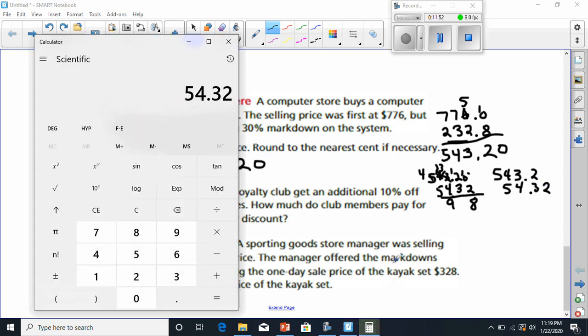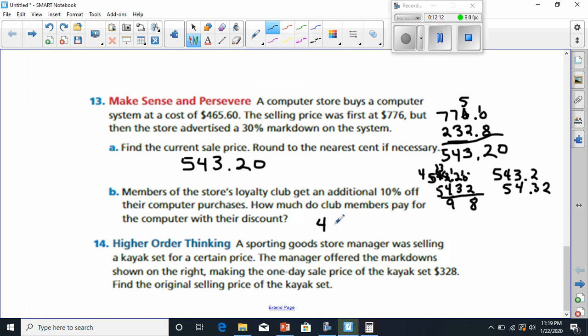Let's just put it in the calculator because obviously I'm getting a little tired, making very sloppy mistakes. $543.2 minus $54.32. Now it's going to equal $488.88.